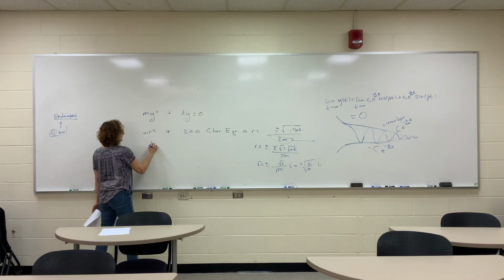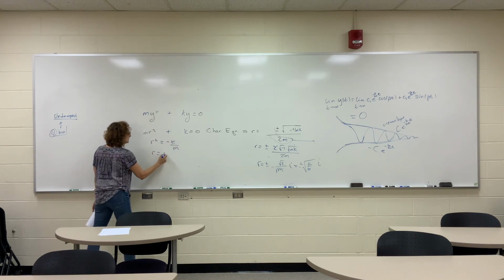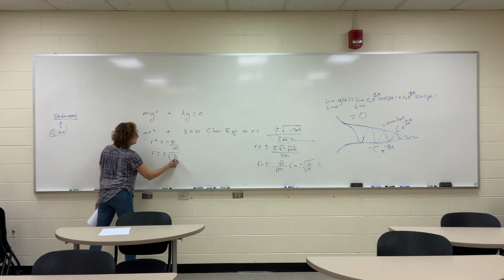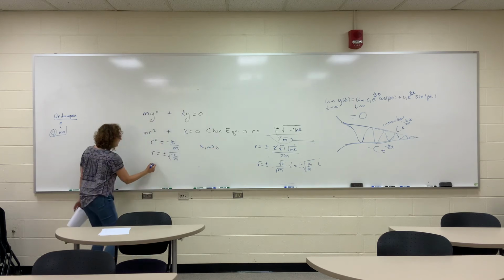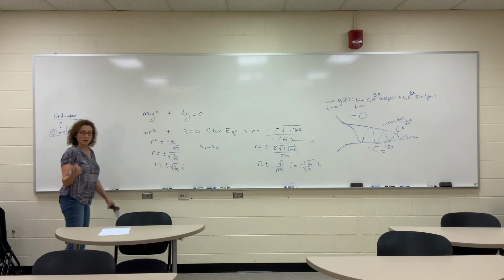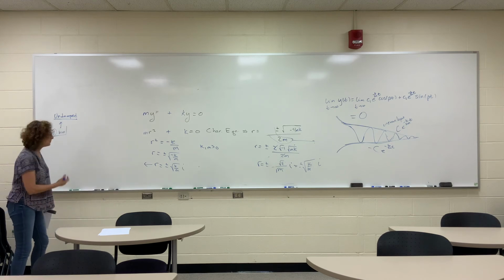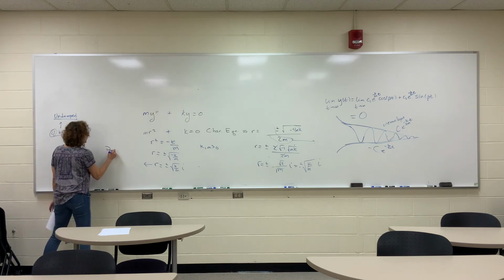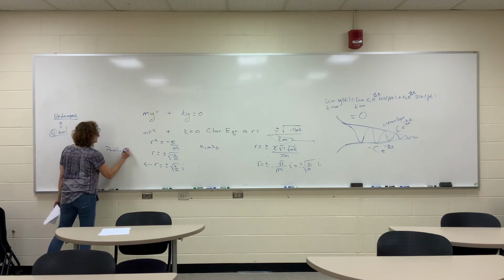We get that, and therefore m times r squared plus k is 0, so r squared is minus k over m. So what is r? Plus or minus the square root of minus k over m, but k and m are both positive, so k divided by m is positive, so r is plus or minus the square root of k over m i. So instead of real roots, we have complex conjugate roots, but they are purely imaginary roots. There's no real part.